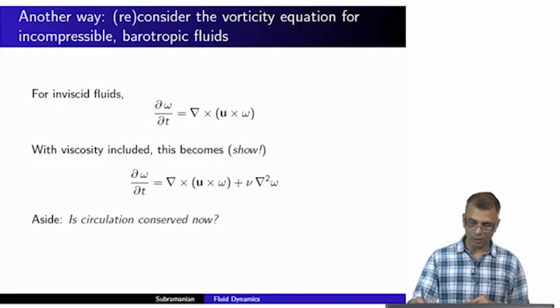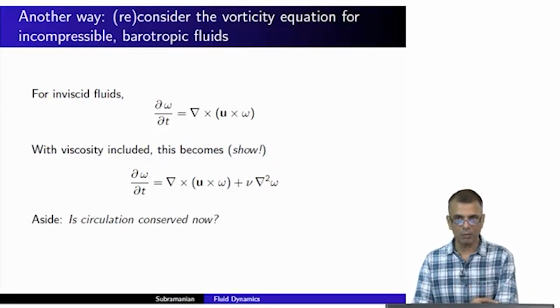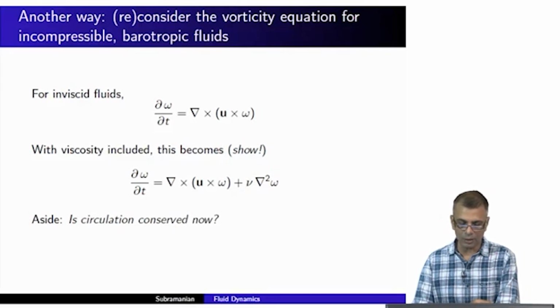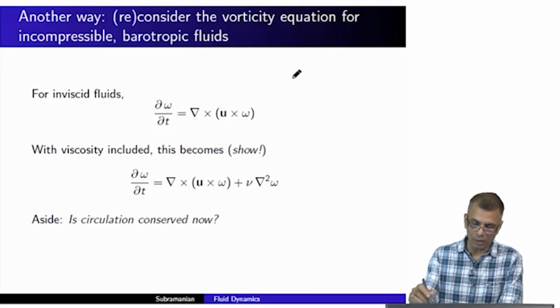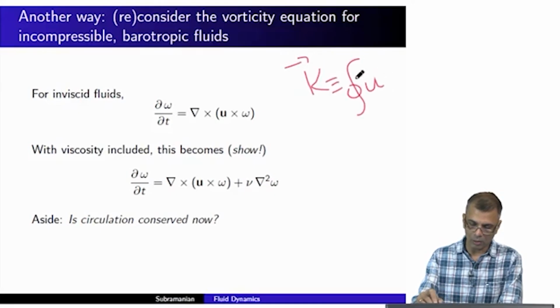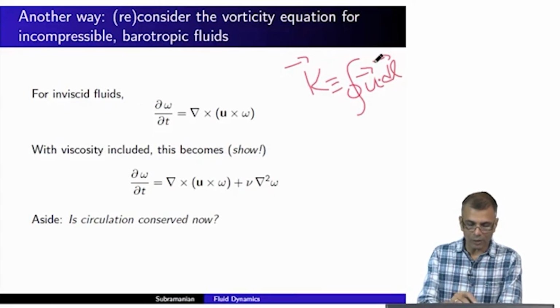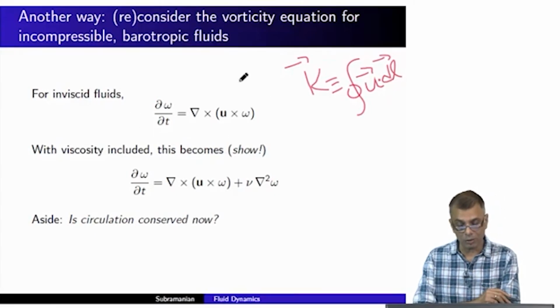So, here is another interesting thing. We remarked earlier that this quantity called circulation, which is defined as this, is perfectly conserved for an inviscid situation.